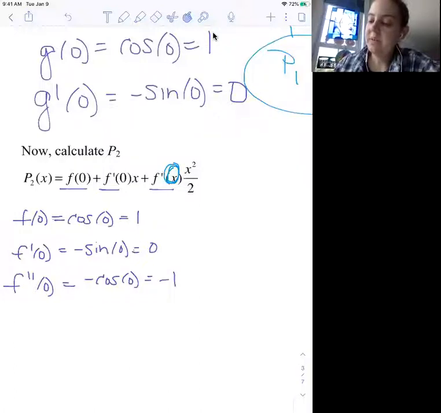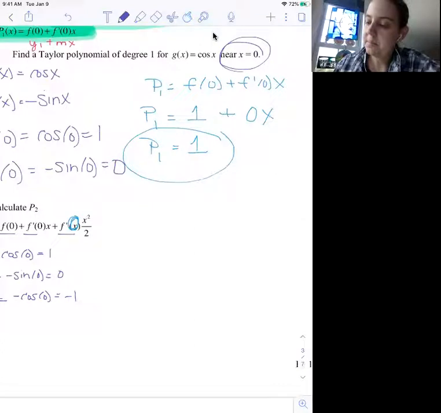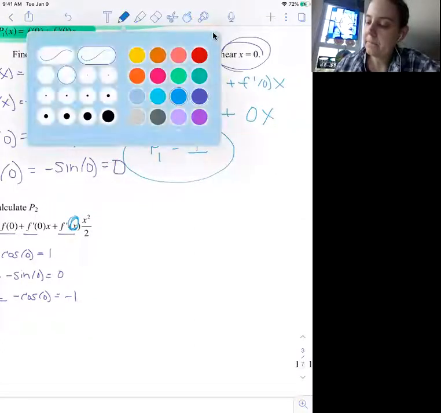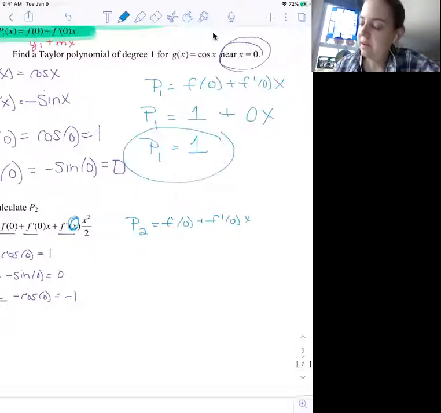So now we take those pieces and put them into our formula. So P2 is f of 0 plus f prime of 0 times x plus f double prime of 0, that should be 0, times x squared over 2.